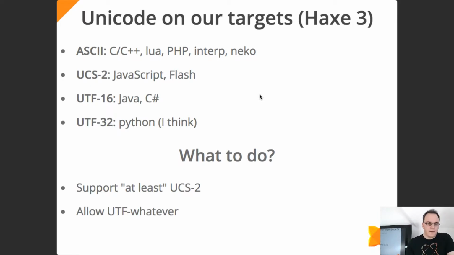We allow UTF whatever, and that of course means we have to deal with all our ASCII targets. So C, that means hashlink. C++ is of course hxcpp, Lua, PHP, the new macro interpreter, and well, let's ignore this guy for now, okay?